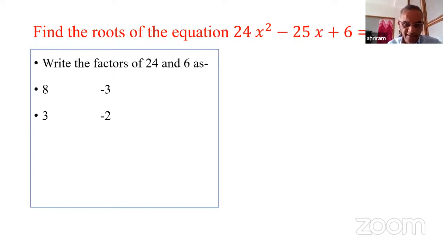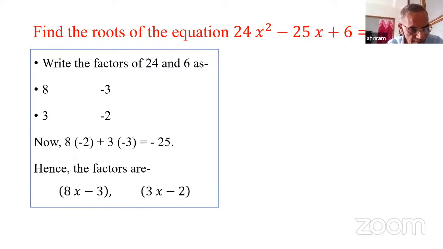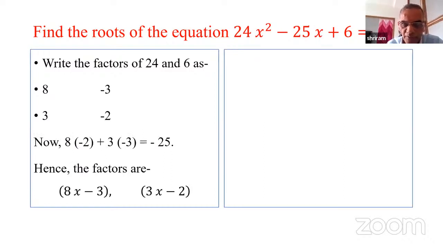So the factors are 8, 3 and minus 3, 2 again. There is plus 6, but I want the product minus 25. So instead of selecting 3 and 2, I will select minus 3 and 2. So I will get the product minus 25. 16 and minus 9. Minus 16, minus 9. Yes. And the answers are 8x minus 3 and 3x minus 2 factors.